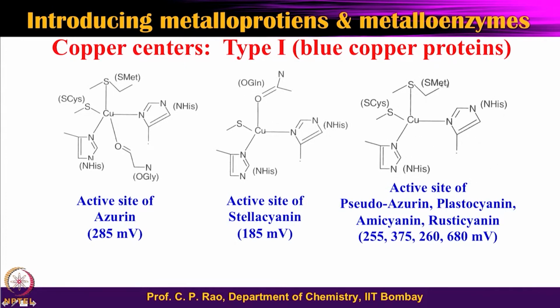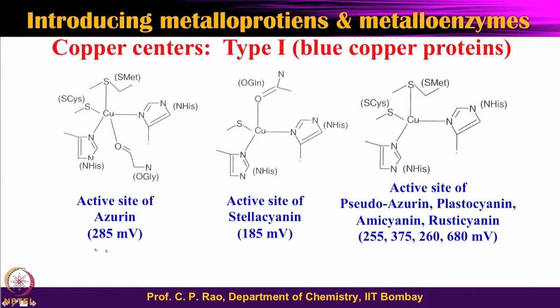This will be very strongly blue in color, because of the charge transfer from the thiolate to the copper 2 plus center. This 5-coordinate is roughly trigonal bipyramidal, but distorted. This is distorted tetrahedral, this is also distorted tetrahedral. So, you generally have 4 and 5 coordination.